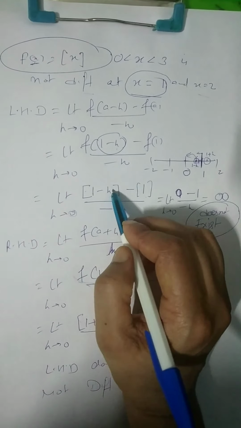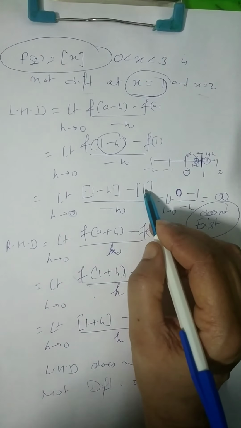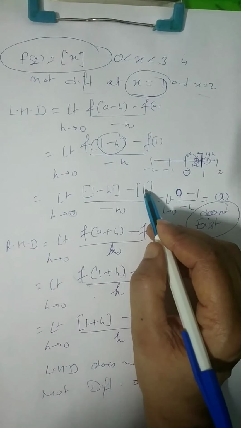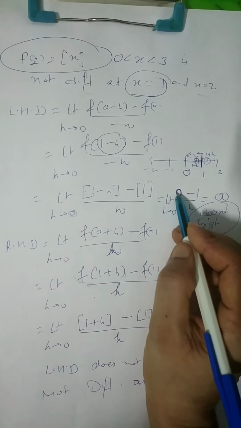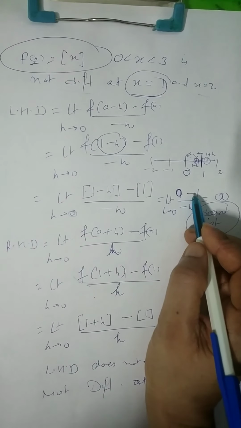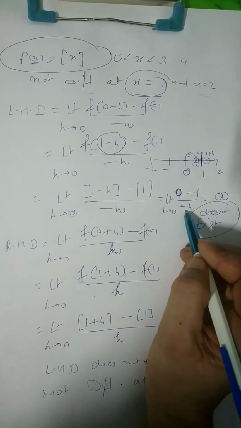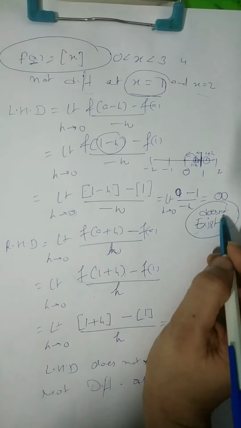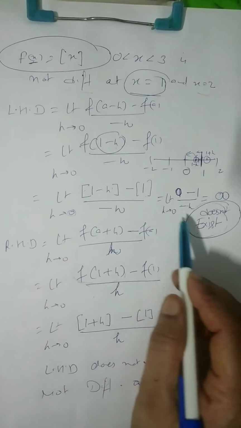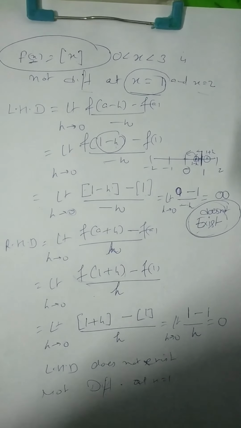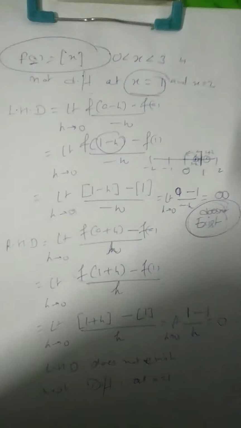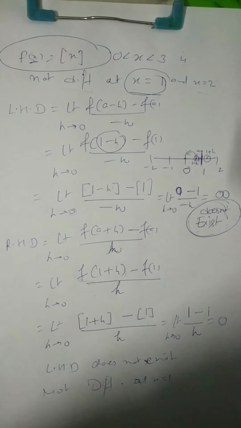So [1 - h] is 0 and [1] is 1. That gives (0 - 1) / (-h), which is -1 upon -h. As h tends to 0, something upon 0 is infinity, so this limit does not exist. It doesn't have any finite value, so the left hand derivative does not exist.